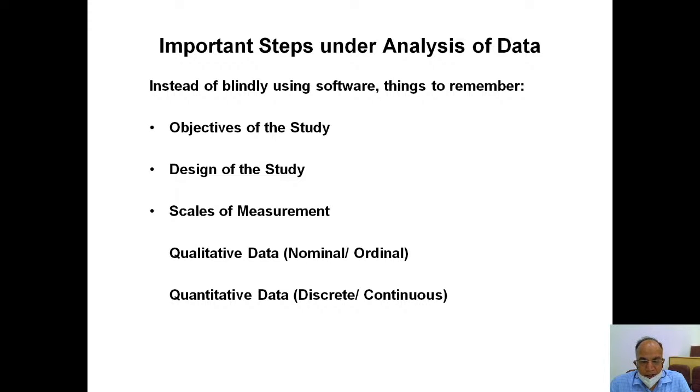If it is dichotomous, we have to go for logistic regression analysis. If our outcome is quantitative, we can go for linear regression, but certainly we have to assess the related assumptions, whether those assumptions are fulfilled or not. If linearity assumptions are not fulfilled, then certainly we can look for non-linear regression, which is not taught to you, but given the need, we can always look for alternative methods.